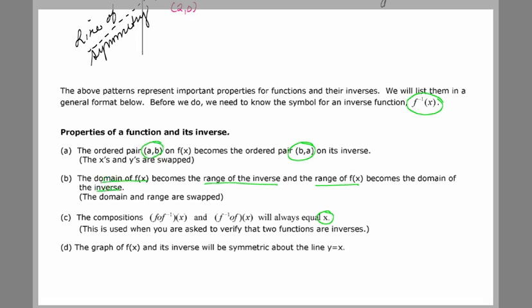An important note here is we will use this property when we're asked to verify that two functions are inverses. There'll be some problems that you have to verify. This is what we'll do. We'll just show that f circle g and g circle f are equal to x. And then finally, the symmetry. The graph of a function and its inverse are symmetric about the line y equal x.